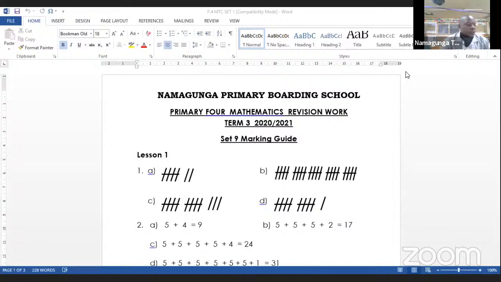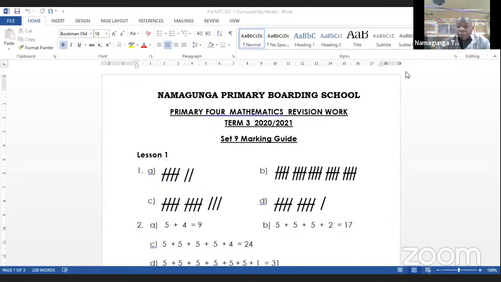Okay, we continue. Number 2, we are asked to find a number represented by the following tally marks. The first number there, you'll see that we have 1 bundle and 4 sticks. One can say 5 plus 4, which gives us 9.